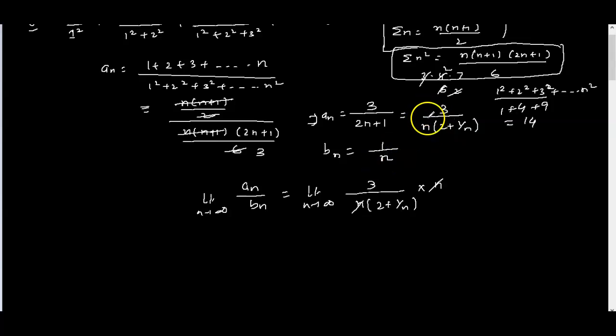If you want to take 3 by n, you can take it, no problem, there is no difference here. But 3 is a constant, not any n, so you do not have to worry about the constant. It is okay if I remove it. If you take 3 by n, then again it will come as n by 3 and cancel.